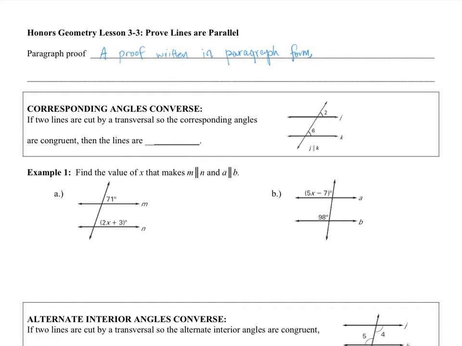Now, let's look at the corresponding angles converse, which is just the opposite of the corresponding angles postulate. It states that if two lines are cut by a transversal, so the corresponding angles are congruent, so angle 2 is congruent to angle 6 here in the picture to the right, then the lines are parallel, meaning J is parallel to K. So I'm going to write the word congruent here.